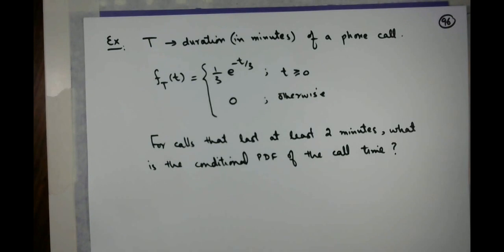So you see, this is an exponential distribution with parameter 1 by 3.